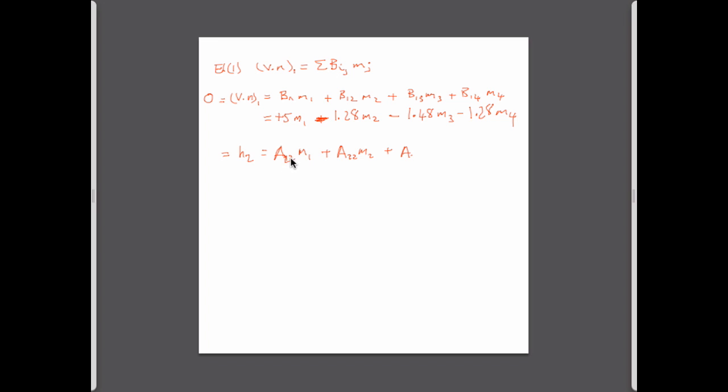This is 2-1, this is 2-2, this is 2-3 M3 plus A 2-4 M4. Head at 2 is equal to 1 on the boundary. And we have to figure out what these influencing functions are.